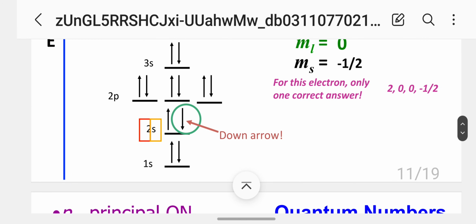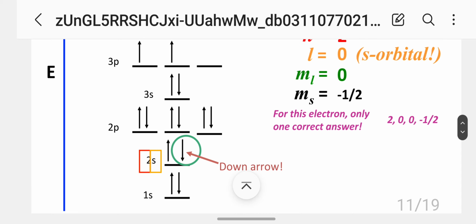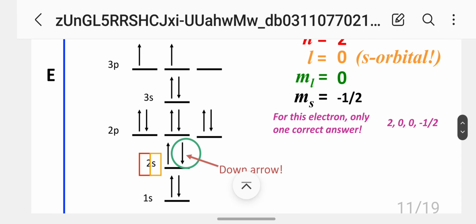Directly this one will have positive half values for its spin quantum number. So the whole expression for the quantum number of the circle electron will be likewise.